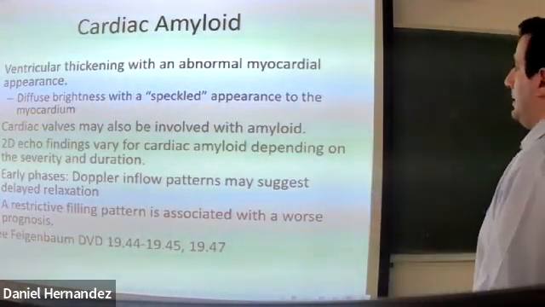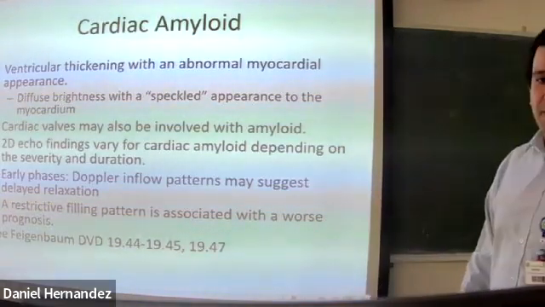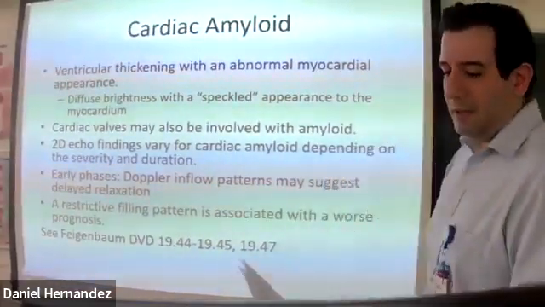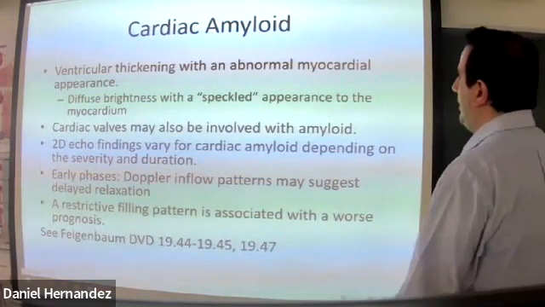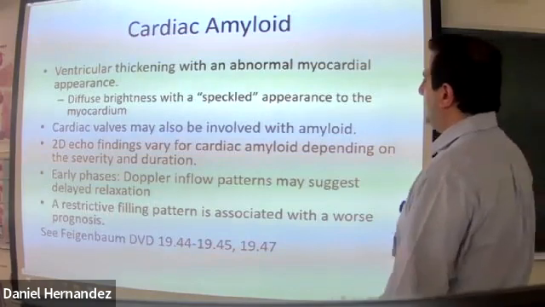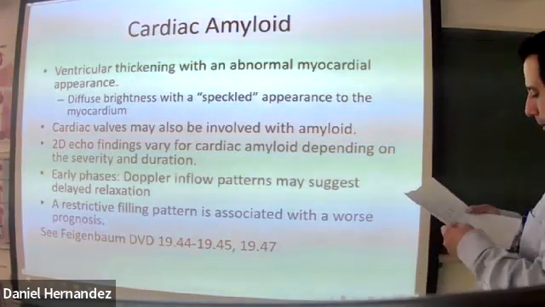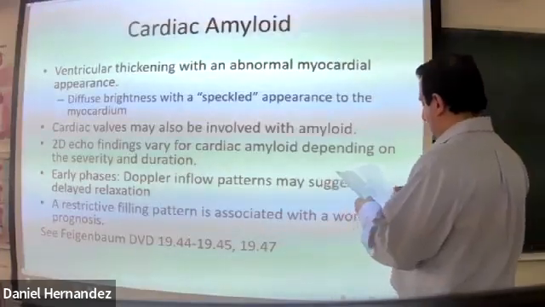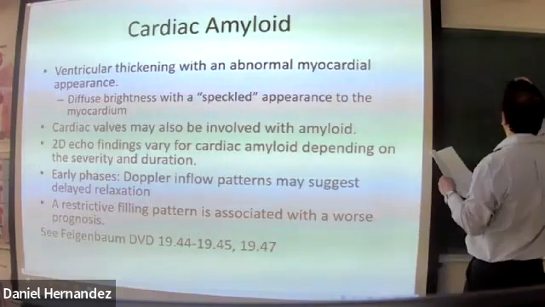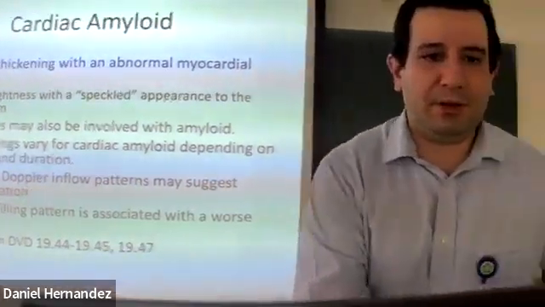So these diseases infiltrate the myocardium. So amyloids get deposited within the myocardium, and that's what leads to this restrictive nature of the myocardium, having it become thickened, and it creates what's called a speckled appearance. Speckled or ground glass appearance. So we're just going to say amyloidosis or cardiac amyloid.